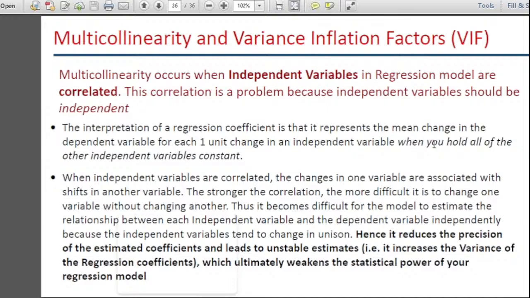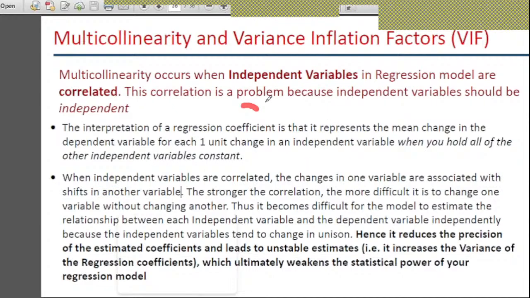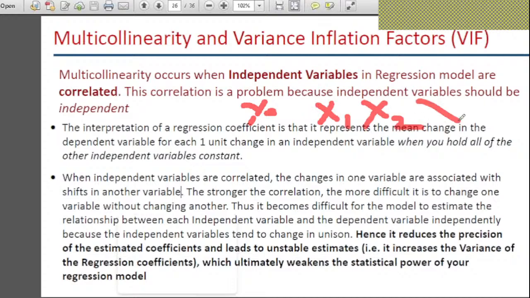Okay, clear? But what happens when multicollinearity is there? When independent variables are correlated, in a case of multicollinearity, the changes in one variable are associated with shifts in another variable. So I have my y, and y is explained by x1, x2, x3.